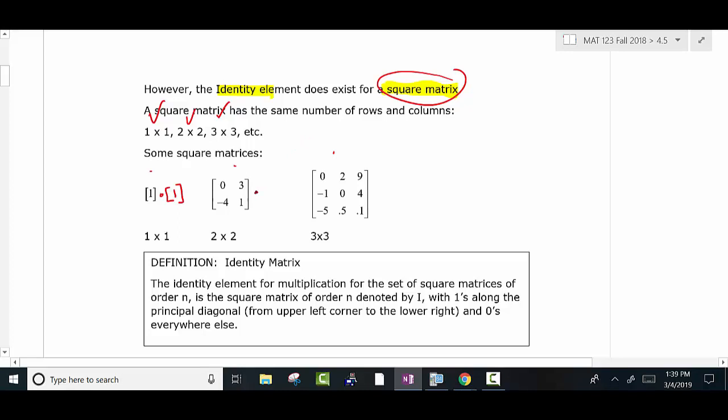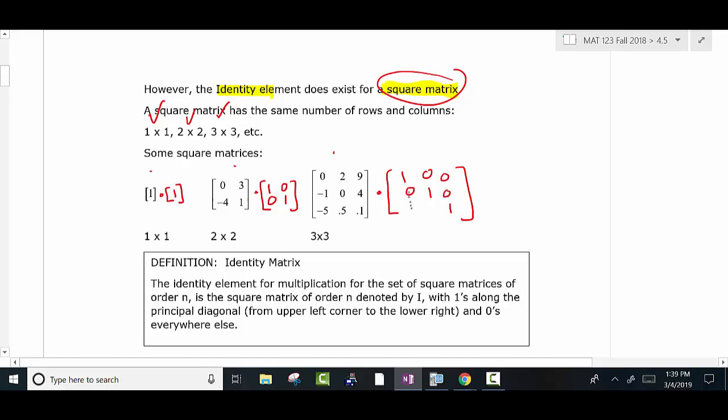The next one goes like this. If you have a 2 by 2, the identity matrix is going to go like this. You're going to have a diagonal of 1s and a diagonal of 0s. We'll see why that works in just a minute. If you have a 3 by 3, then the identity goes like this. You'll have a diagonal of 1s.